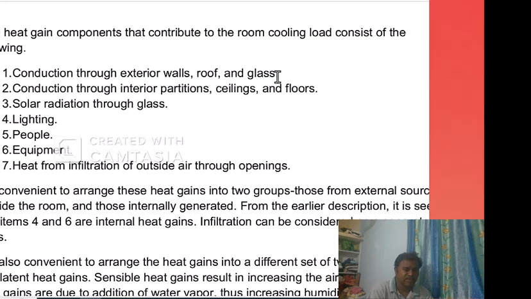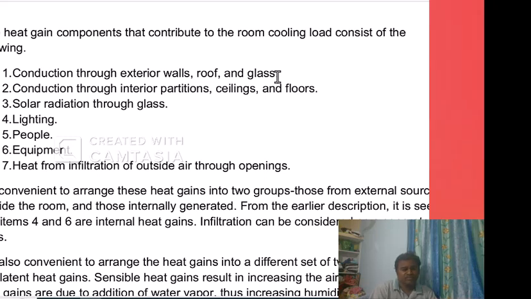It is the same for conduction through interior partitions and ceilings, and how to take the reference for solar radiation through glass, lighting, and people: what type of load we need to take for people, whether sensible or latent only, or both.